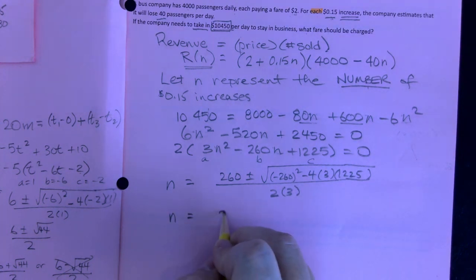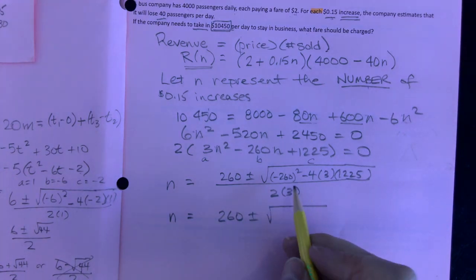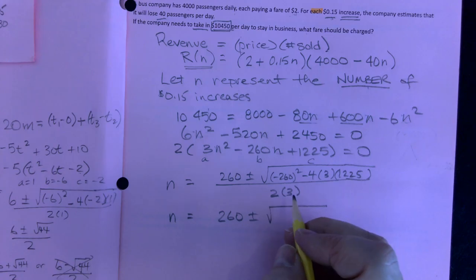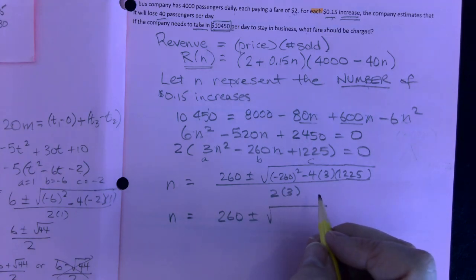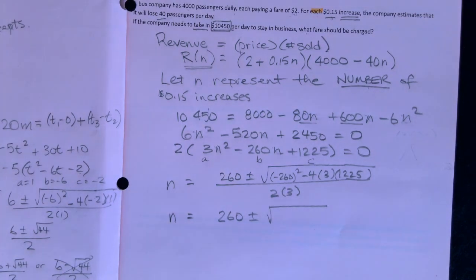Calculator time. I've punched this in already. It comes to, oh no, I didn't punch it in. Let me do that. You do it too. I gotta grab my calculator. Hold on.